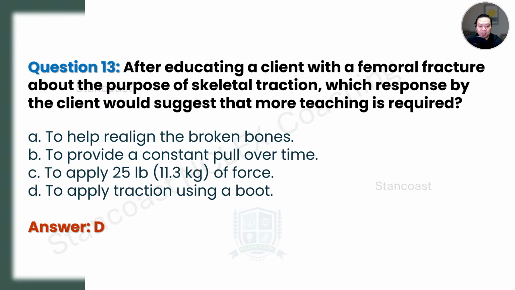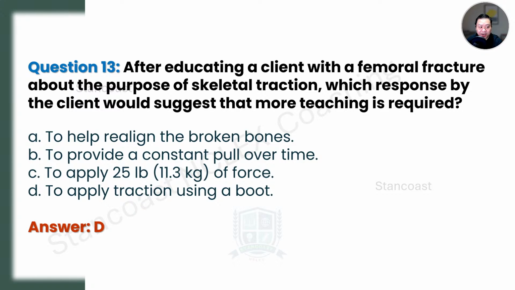Okay. Now, what's involved in a skeletal traction, especially if there is a femoral fracture? Well, this could use what we call the Steinman's pin, or it could be the Kirschner's wire, and these are going to be inserted through the distal femur below the fracture or the proximal tibia. The weights are going to be applied through a pulley system to provide a constant traction, to align the fragmented bones.